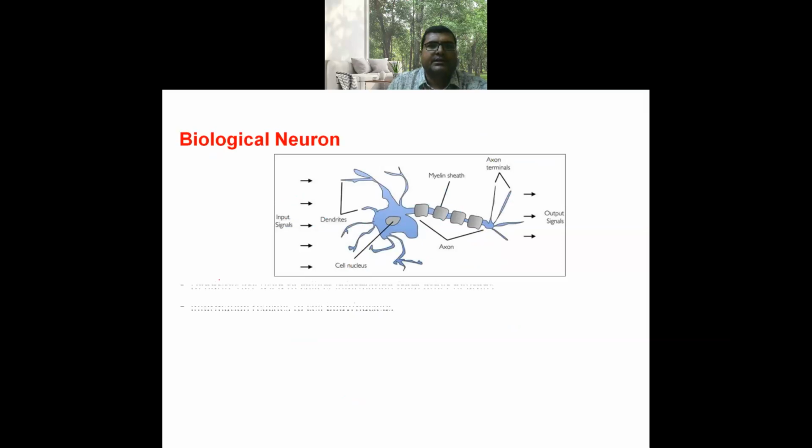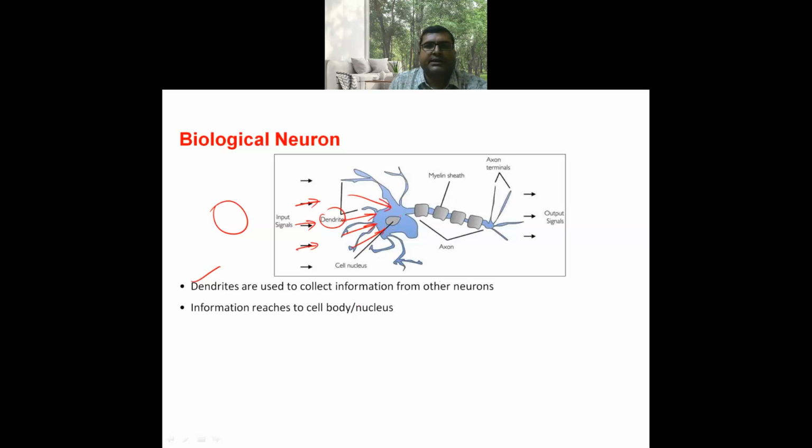Biological neuron. Once again here, it consists of dendrites. The dendrites are used to collect information from other neurons. Information reaches the cell body through dendrites. Here, the dendrites will collect information from other biological neurons, and then the received signal will be applied to the nucleus.